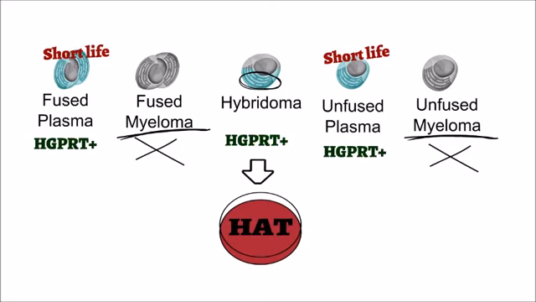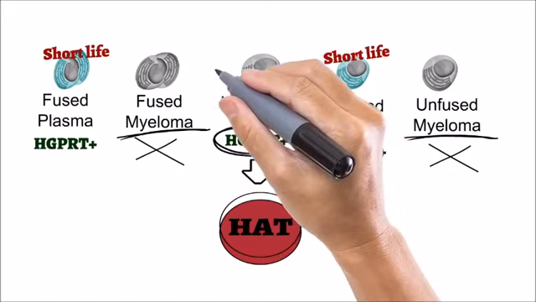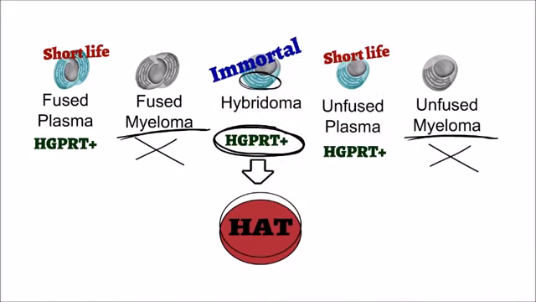No need to separately kill them. What about hybridoma again? It is HGPRT positive and it is immortal in nature. It will keep growing on the HAT media. It has no limit. And therefore at the end, hybridoma cells will survive on the HAT media. In this way, the hybridoma is selected and used for continuous antibody production.